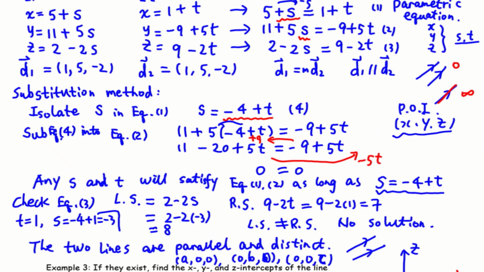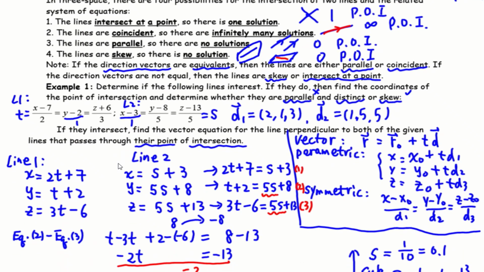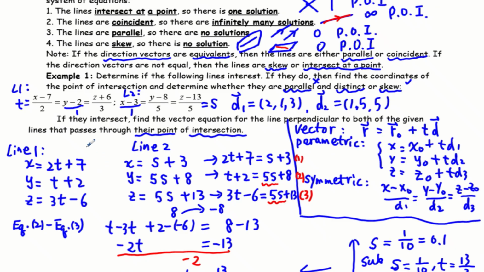So this is what we have done for today: find the point of intersection of two lines. We want to convert the two lines into parametric equations. The reason is we let x, y, z equal the parametric expressions to get rid of the x, y, z, then we only have two parameters left.